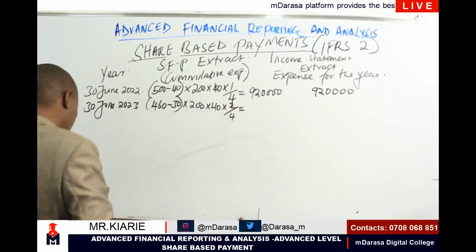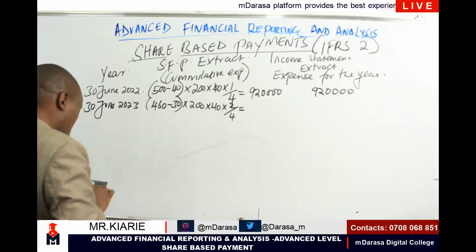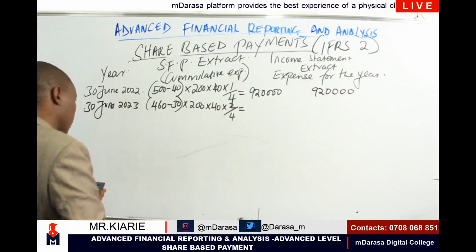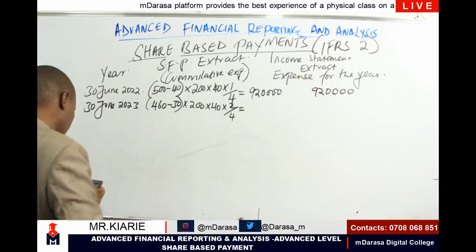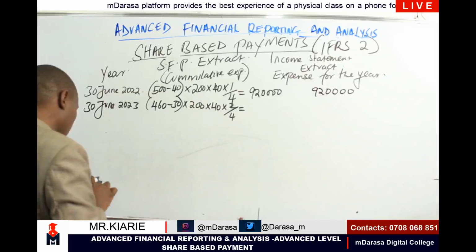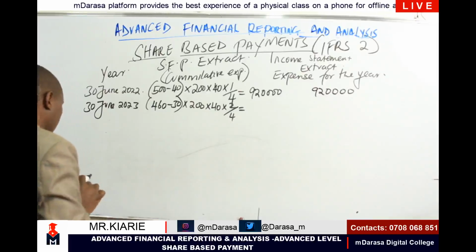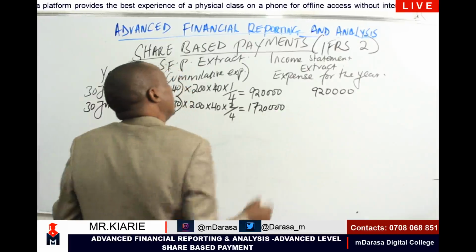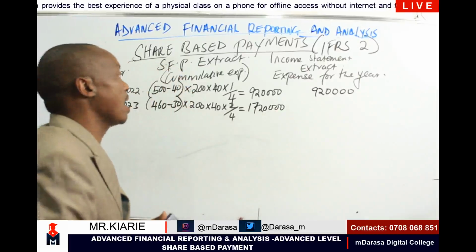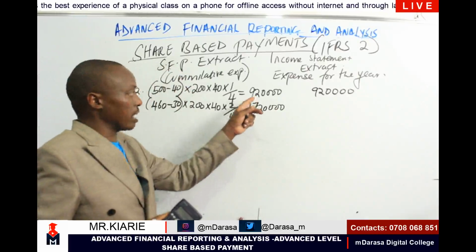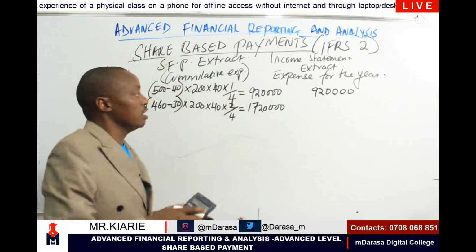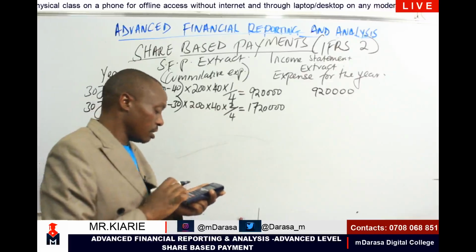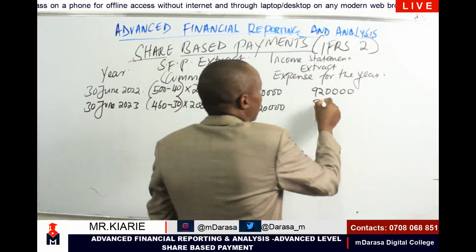So 460 minus 30 times 200 times 40 times 2 divided by 4. I'm getting 1,720,000. To get the expense for the year, I subtract the cumulative expense of the previous year. So minus 920,000. It gives me 800,000.